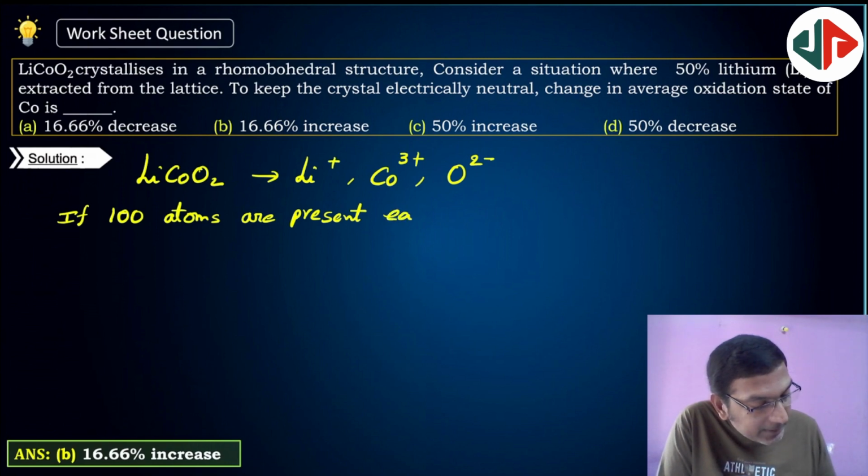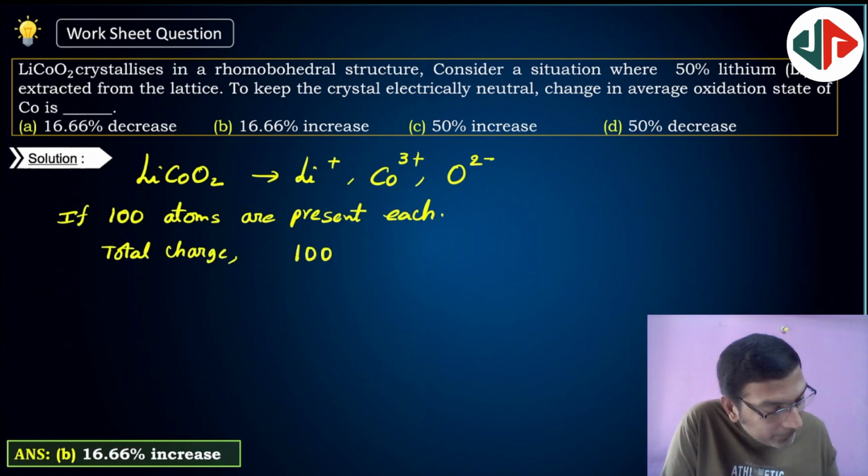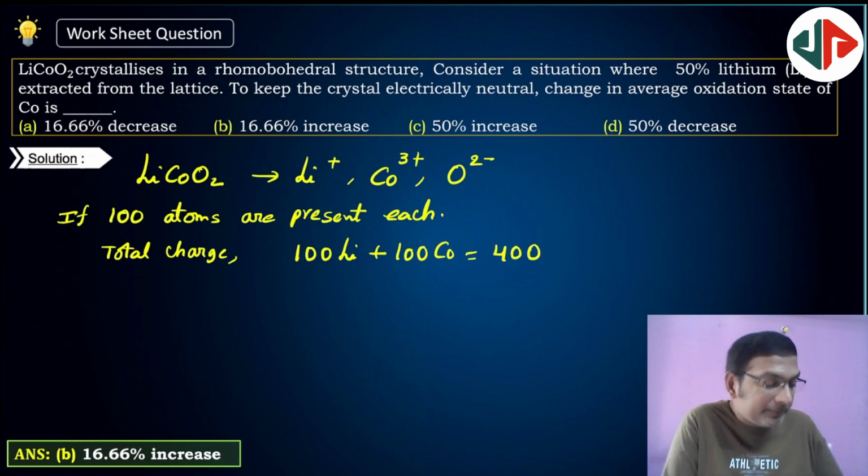So you can write total charge will be equal to 100 into Li plus 100 into Co, equal to 400.